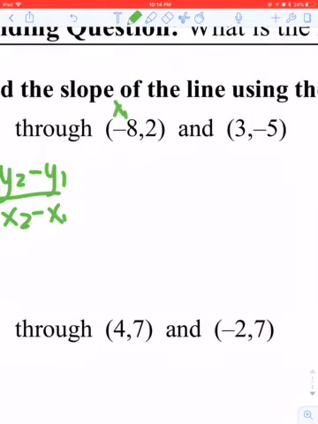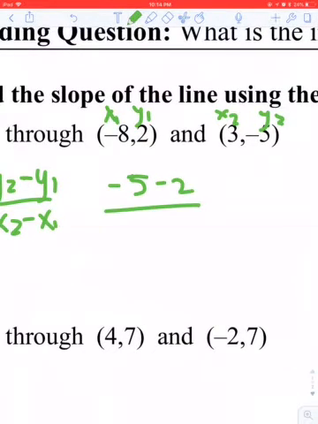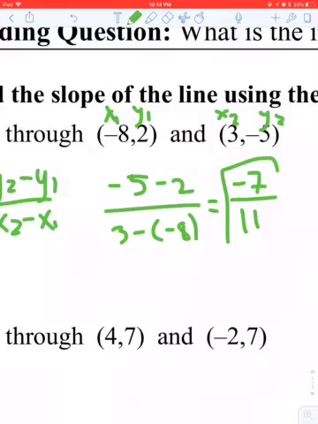This is your x1, your y1, x2, y2. So just set it up. So I have negative 5 minus 2 and 3 minus negative 8. So that's going to give me negative 7 on the top. On the bottom, the minus becomes a positive, so it becomes 3 plus 8. That becomes 11.